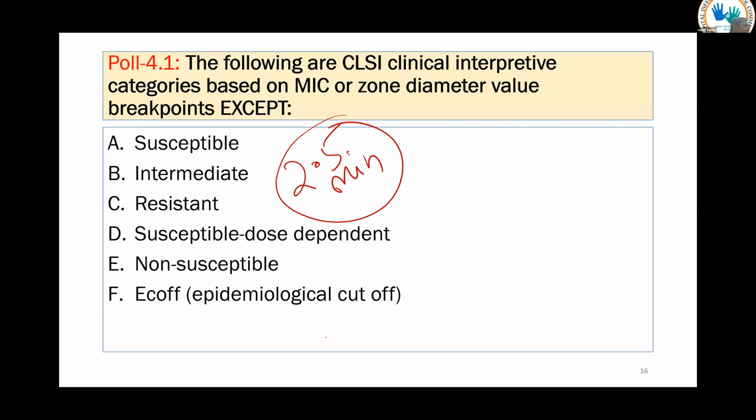We have unmuted you. 30 seconds left. Time's up.